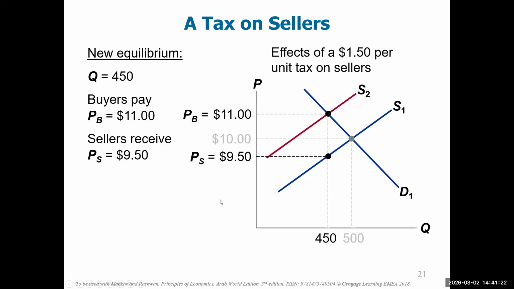Just look at this graph. You basically subtract the price the buyer is paying, which is 11, and the price the seller receives. Subtract 9.50 from 11. That's all. It's always like that. The price buyers are paying is 11, and the price the seller is receiving is 9.50.